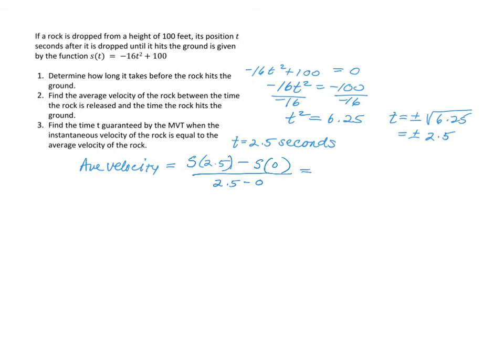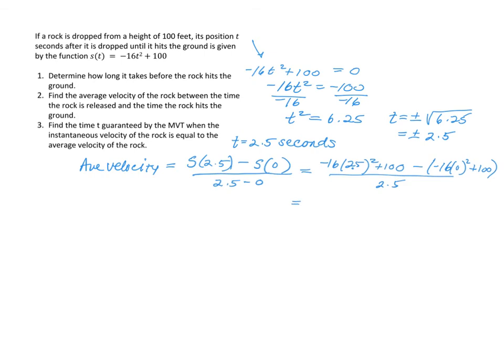So that is s of 2.5, plugging it in here, is negative 16 times 2.5 squared plus 100. And then we're subtracting s of 0, and if we plug 0 in there, we get negative 16 times 0 squared plus 100. All right, and that's all over 2.5.